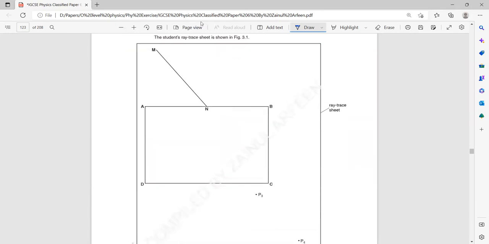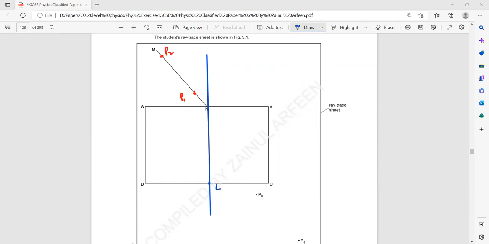So when we draw the normal, we label that point L. They said to mark the position of the pins on N and L. The pins where we mark, you can label P1 and P2, but remember one thing: the spacing between these two positions of the pins should be greater than or equal to 5 centimeters, more than 5 or equal to 5, but not less than 5.